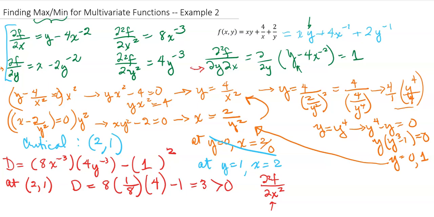So that's the second partial I'm going to look at. That is equal to 8x to the minus 3. At x equals 2, that's going to be greater than 0. It's going to be 1, which is greater than 0. That means it's concave up. I have a minimum. So we have classified this critical point as a minimum, and you are done.